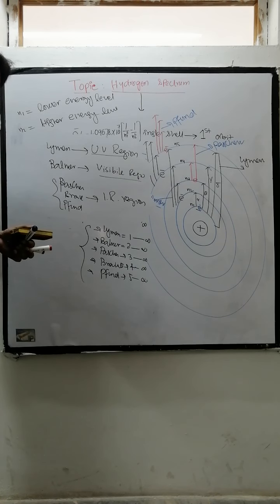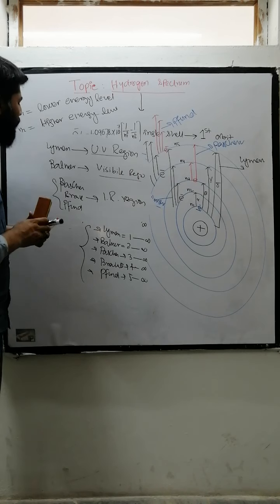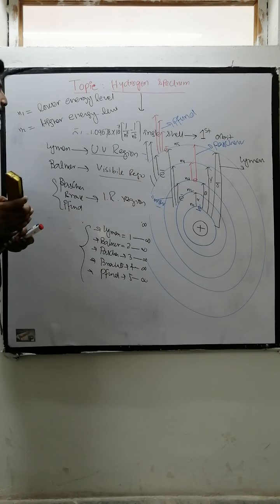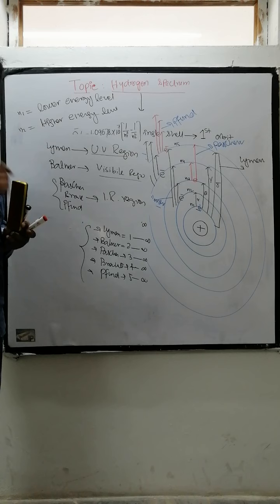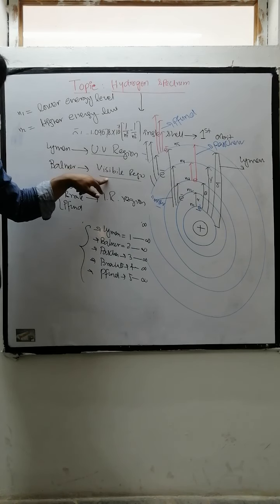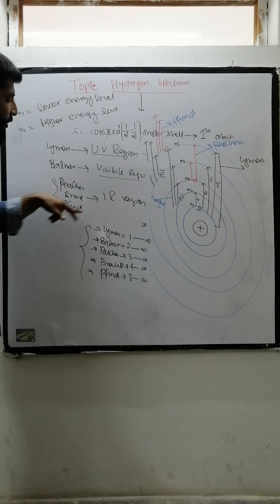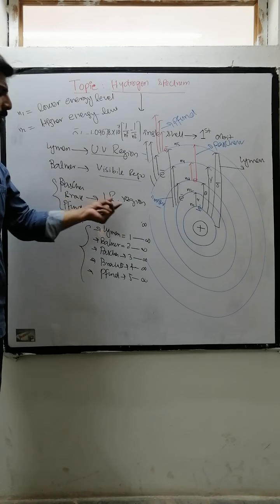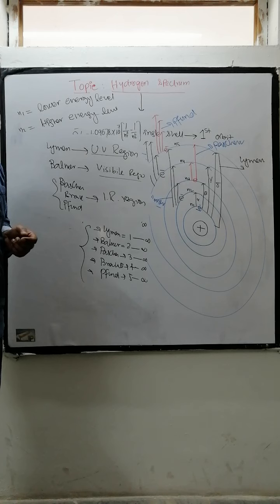Students, there are some concepts which are related to MCQs. Number 1, the Lyman series ranges in the UV region, the Balmer series ranges in the visible region, and the Paschen, Brackett and Pfund series range in the IR region.